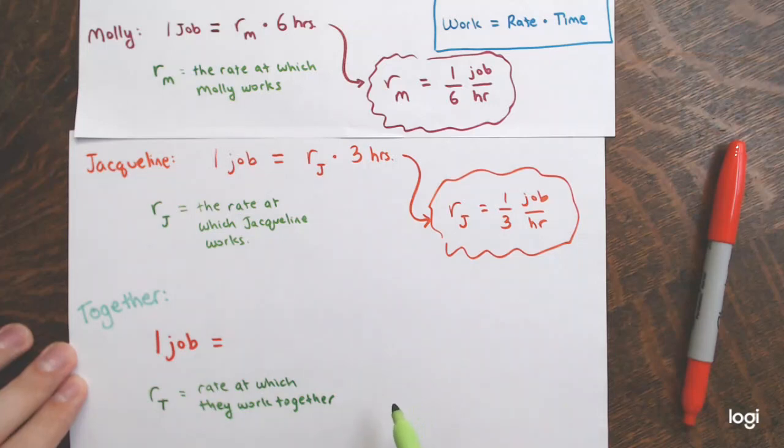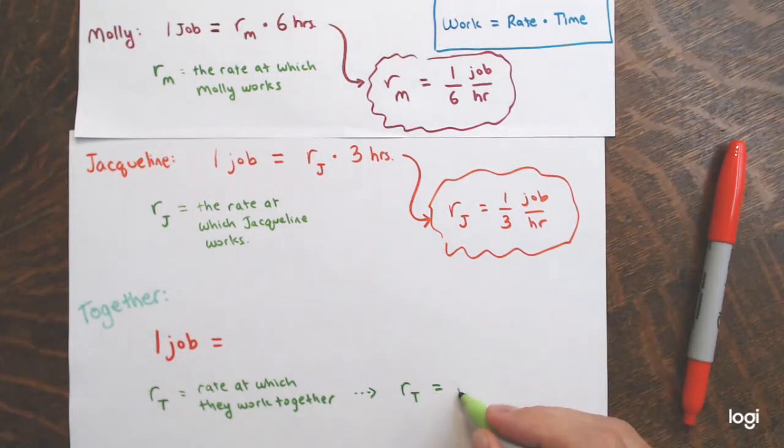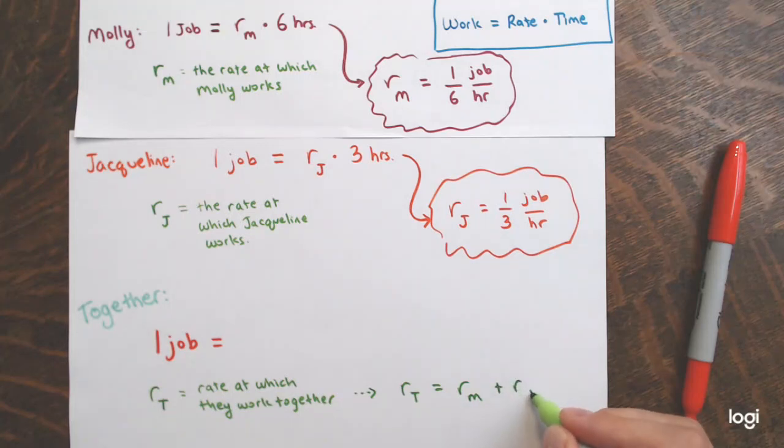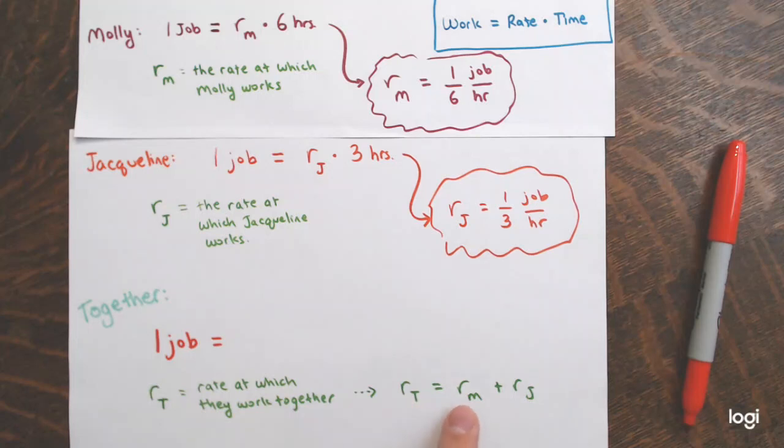Then I'm hoping this makes sense. The rate at which they work together is simply the sum of the rates at which they work separately. The rate at which they work together is just the rate at which Molly works plus the rate at which Jacqueline works. All right? Hopefully that makes sense, right?